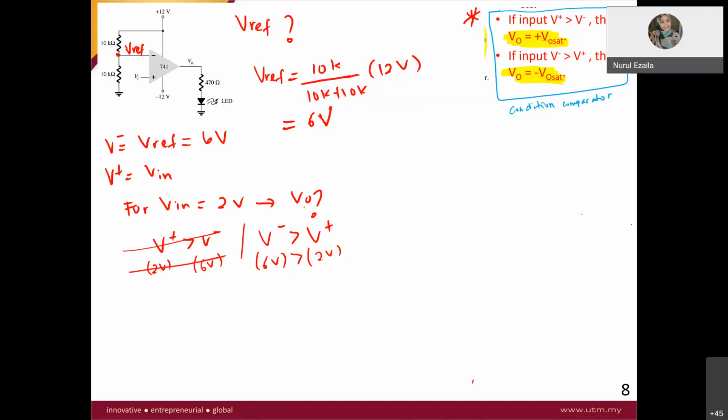So if we take the right condition, which is V minus greater than the V plus, what will be your V out? Look at this table. Negative V out saturation. So for negative V out saturation, what is the V out saturation?